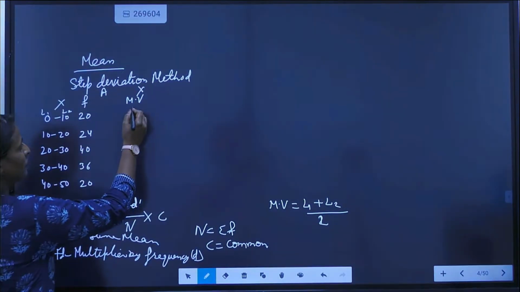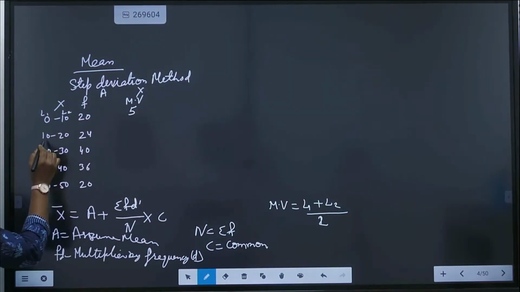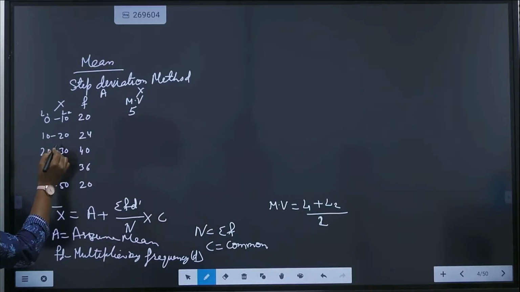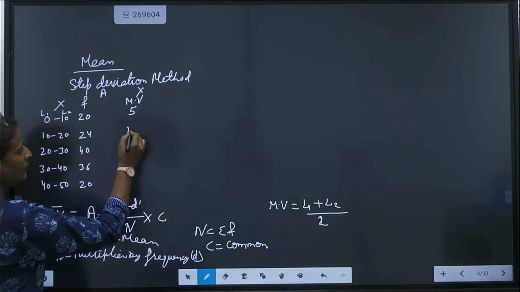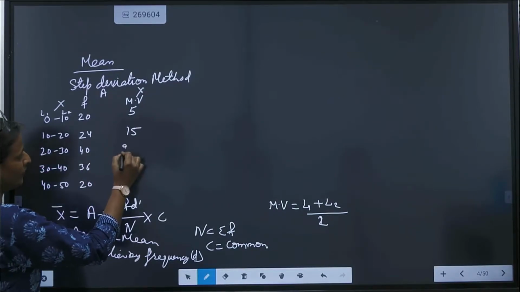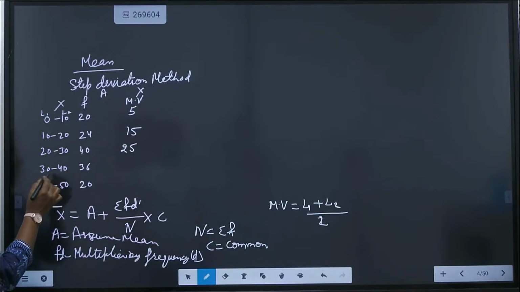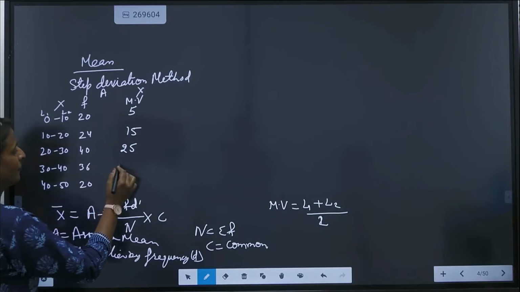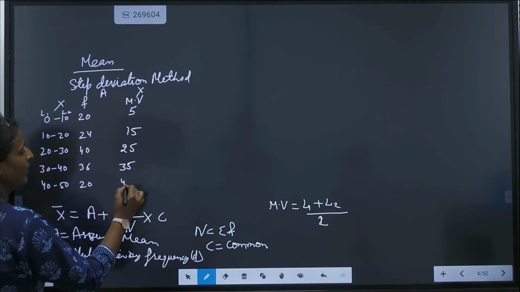It's 5. 10 plus 20 upon 2, 30 upon 2, it's 15. 20 plus 30 upon 2, 50 upon 2, 25. 30 plus 40 upon 2, that is 35. And 45.